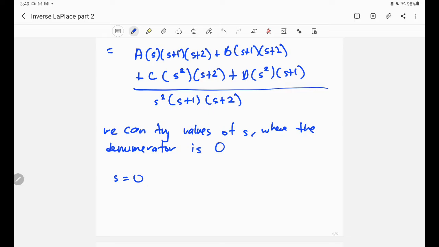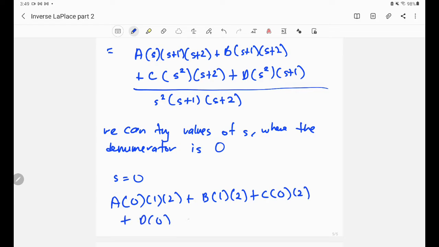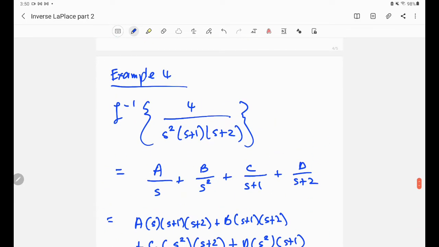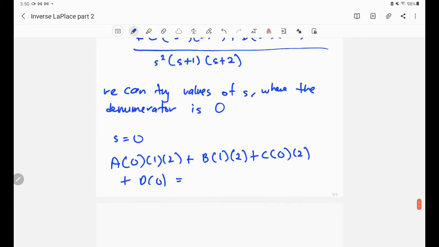On the top we have A(0)(1)(2) plus B(1)(2) plus C(0)(2) plus D(0), which equals 4 on the left hand side.